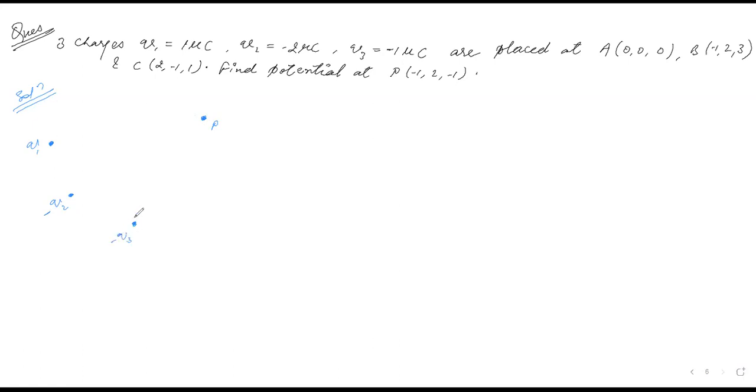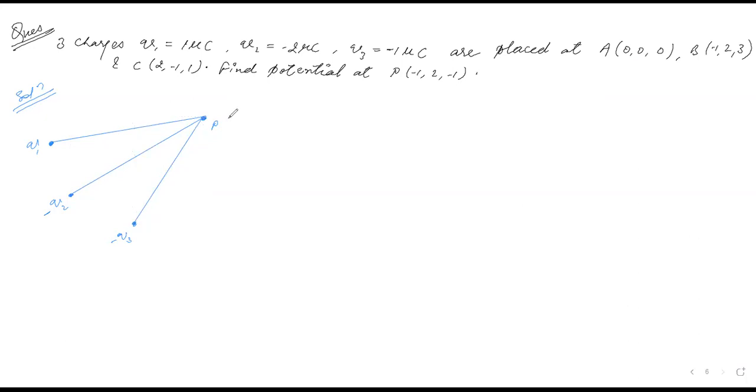Remember that this is not an exact picture of the question. Look here, this is given in 3D format, and a 3D format is not possible to draw on a plane, so this is generally imaginary. You draw Q1 to P, Q2 to P, and Q3 to P.